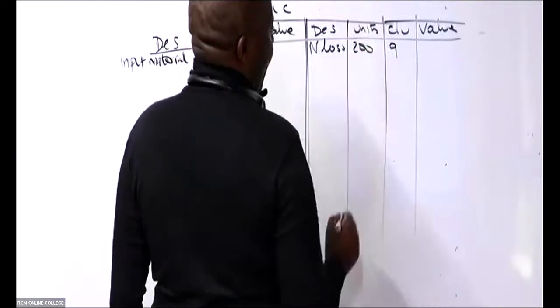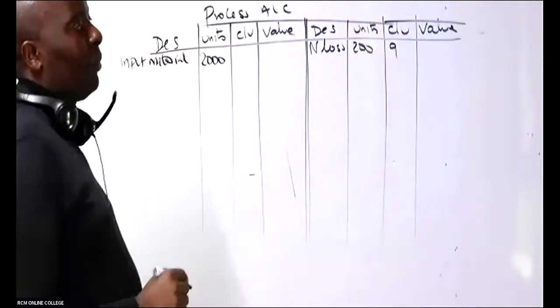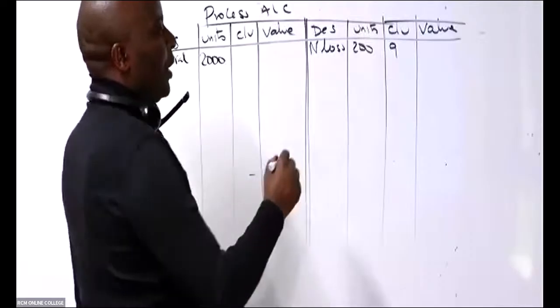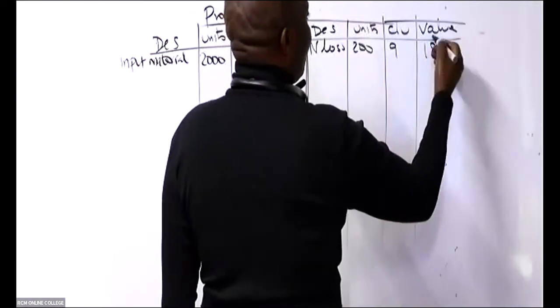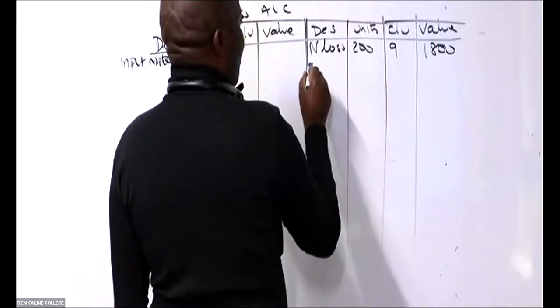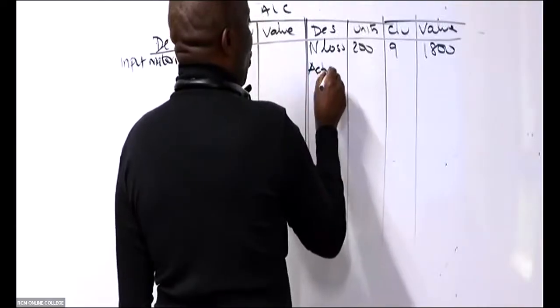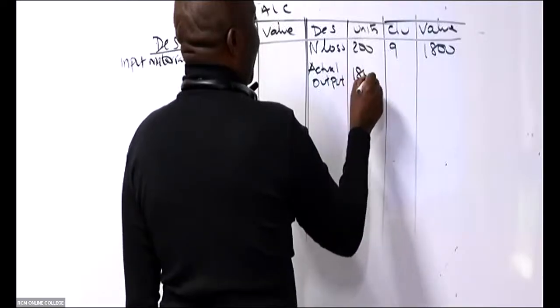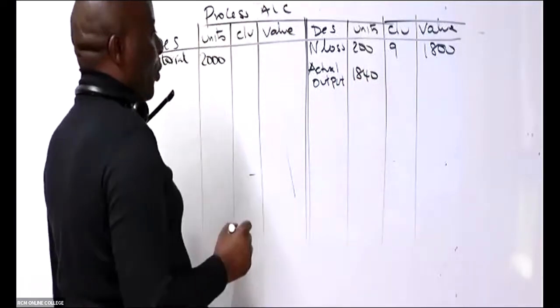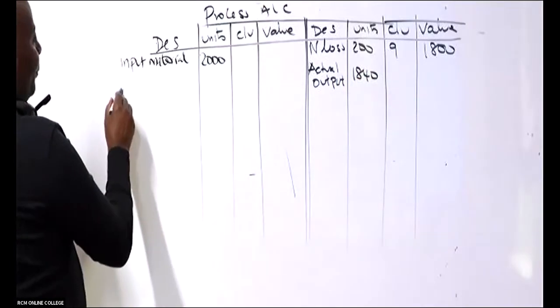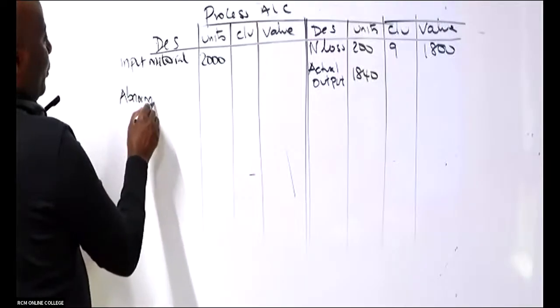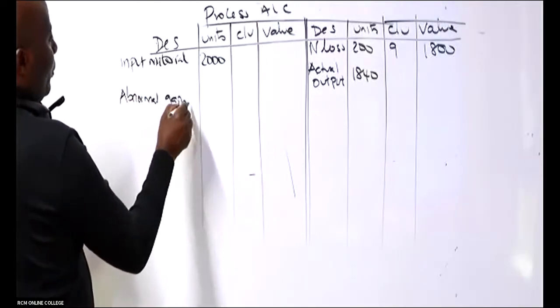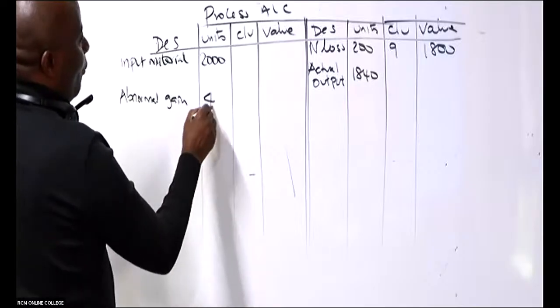And they have told us we are scrapping at 9 bob still. So 209, that gives me 1800. We have in this case actual output, 1840. We have abnormal gain of 40.